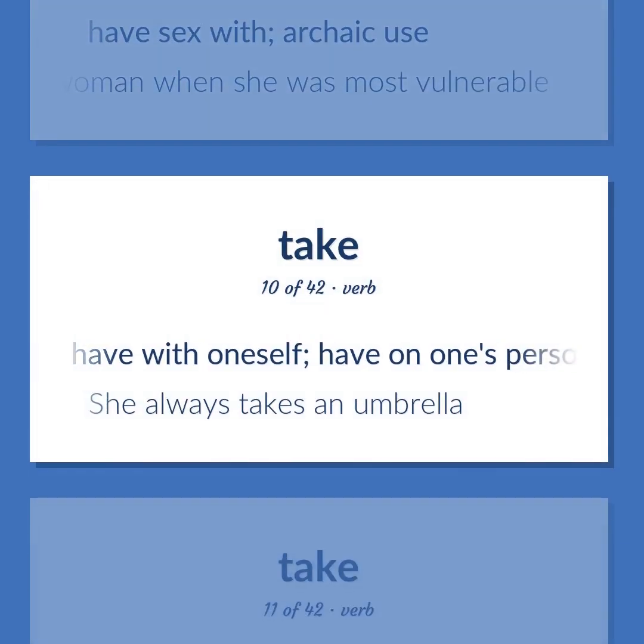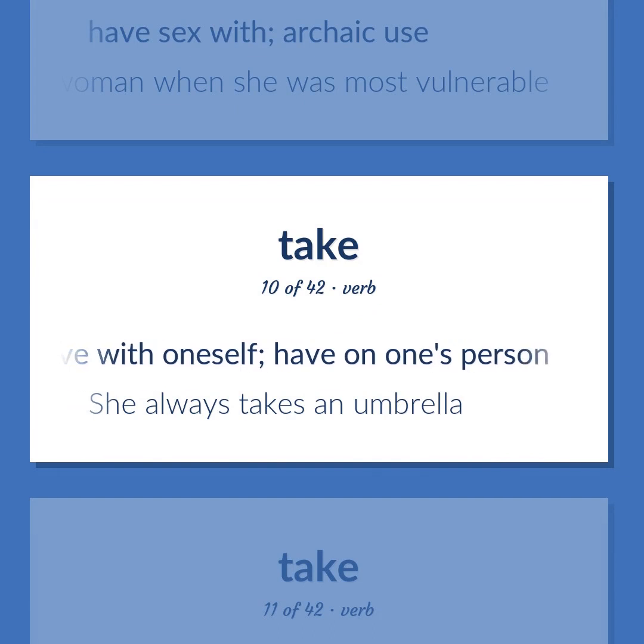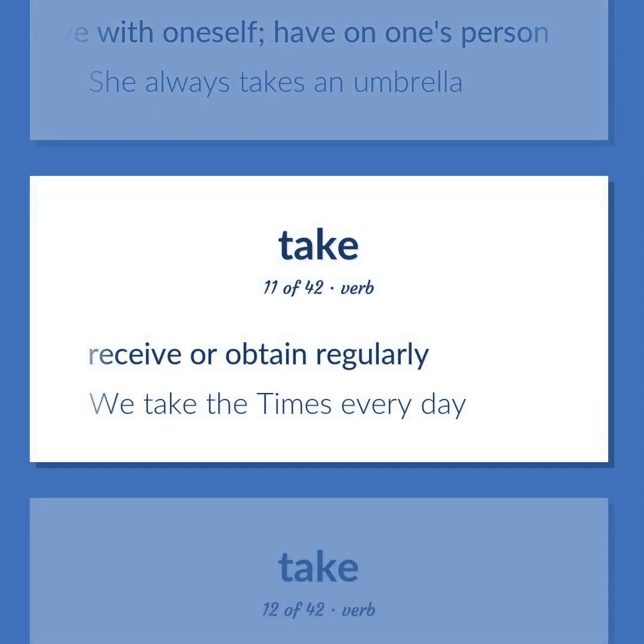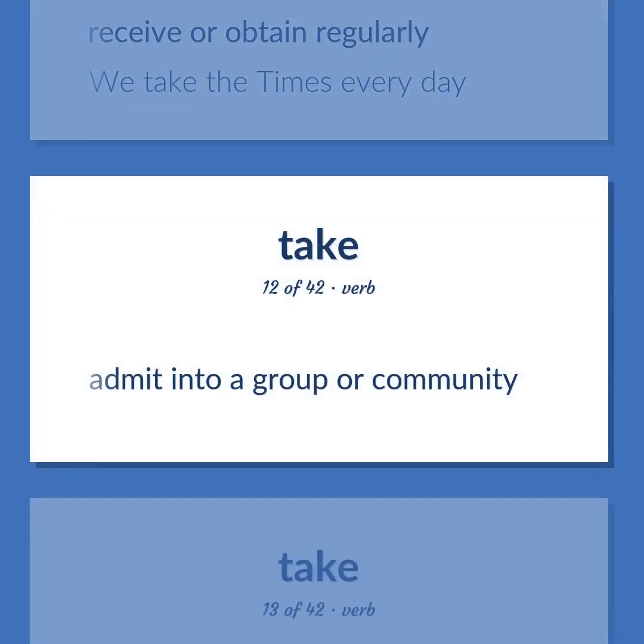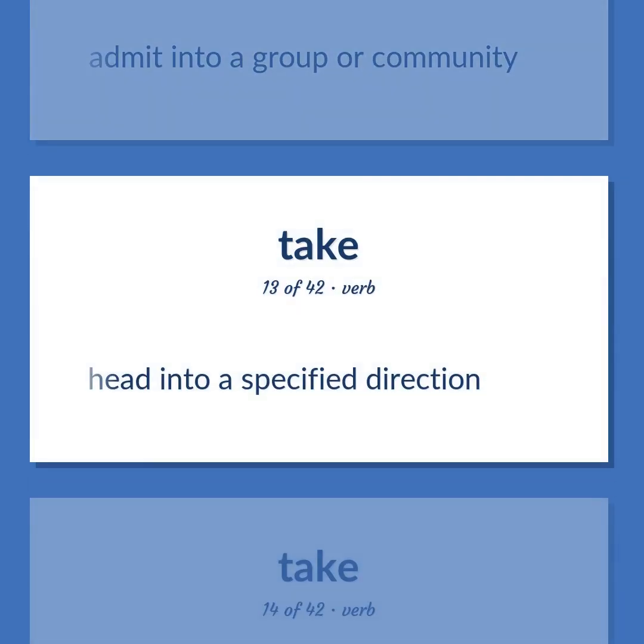Have with oneself, have on one's person. She always takes an umbrella. Receive or obtain regularly. We take the Times every day. Admit into a group or community. Head into a specified direction.